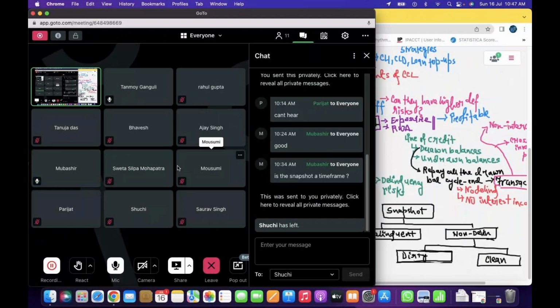The collection scorecards would imply, once a borrower has started defaulting and not repaying, what are the chances of collection, or how much money can be collected from a particular borrower based on his risk pattern? So that's collection scorecards.